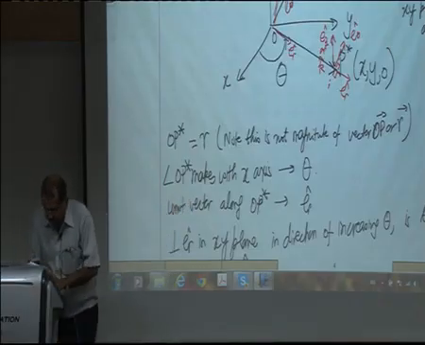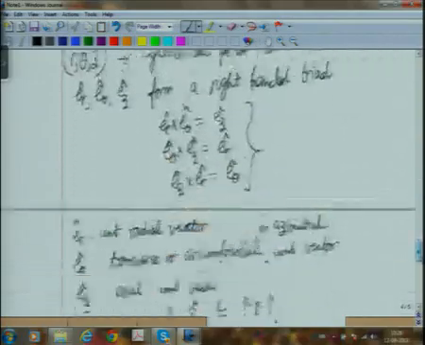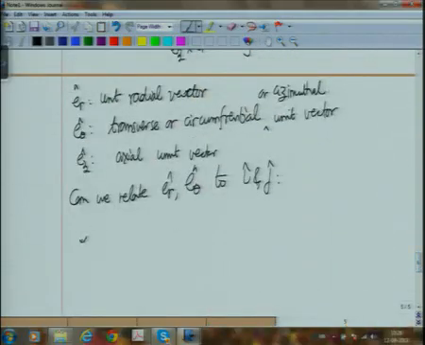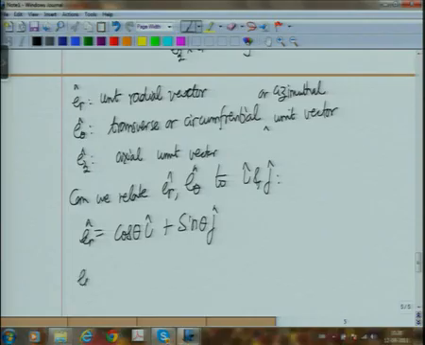So, let us write that. ER is equal to cos theta i plus sin theta j. What is E theta now?